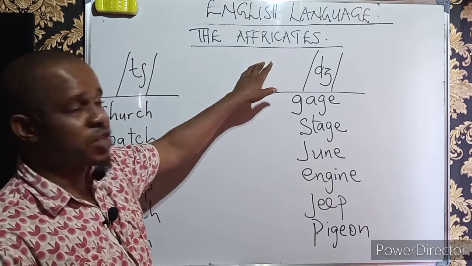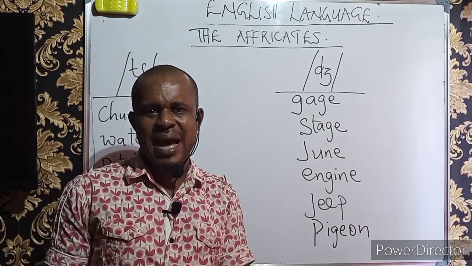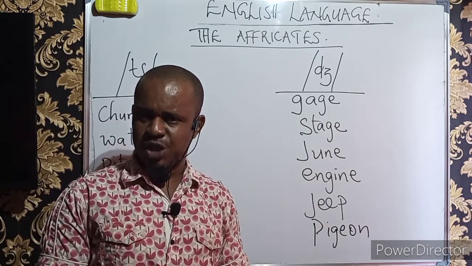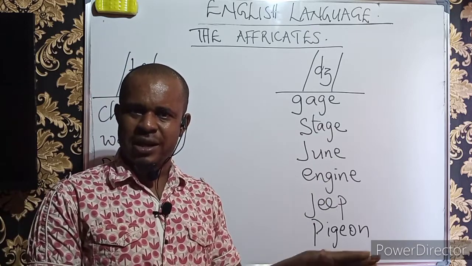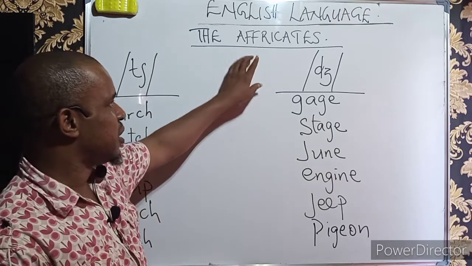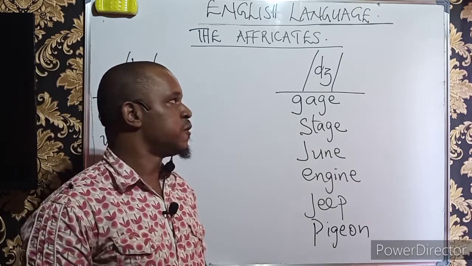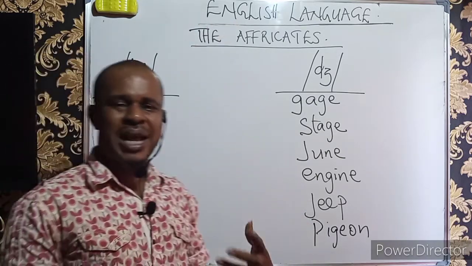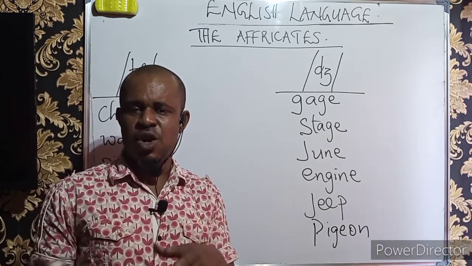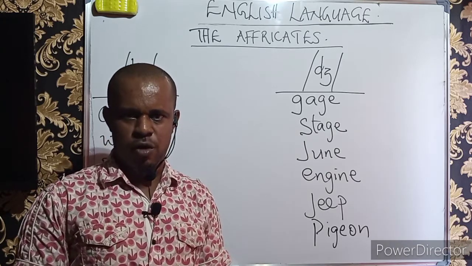I told you that based on manner and place of articulation, the consonant sounds are classified into different classifications, of which the affricates is one. In the affricates, we have a total obstruction of the flow of air.